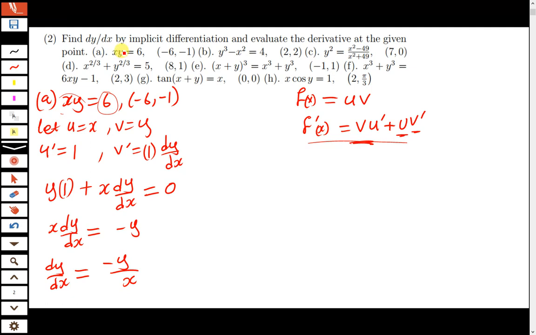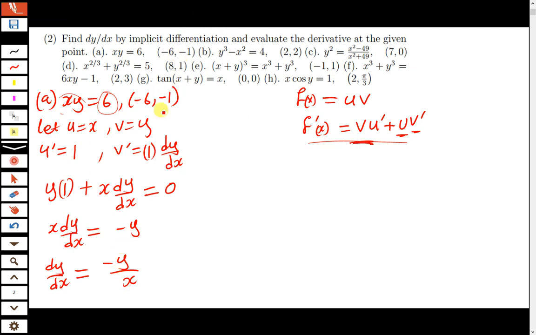Let me just say this is the derivative dy/dx in terms of x and y.